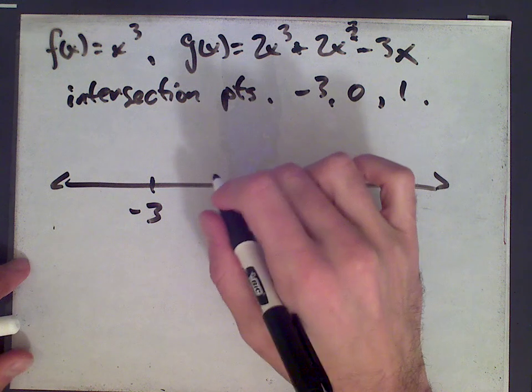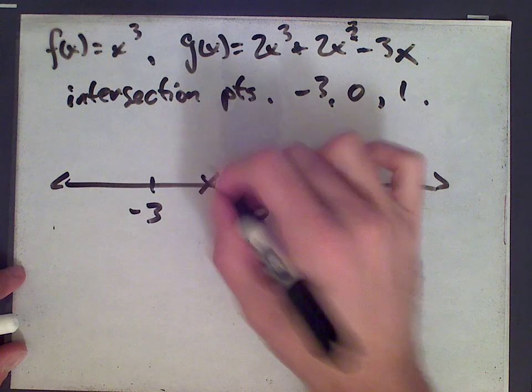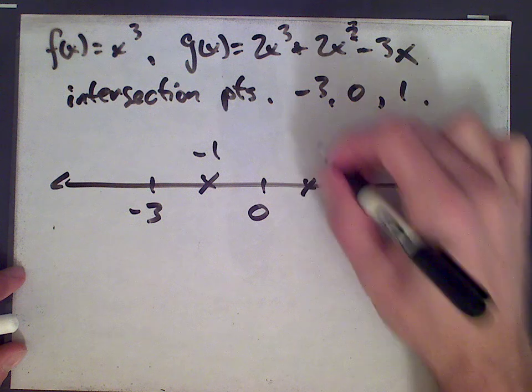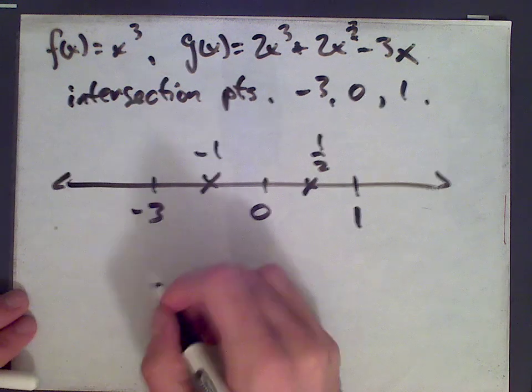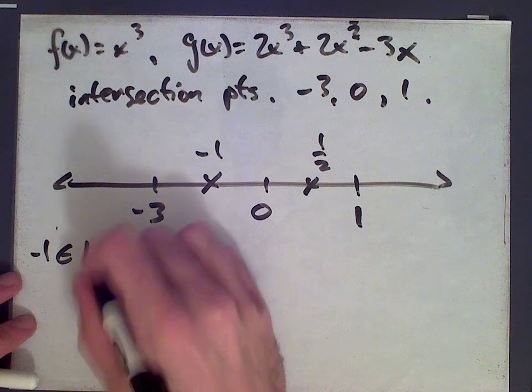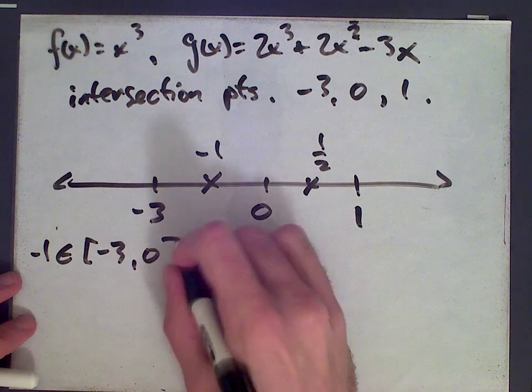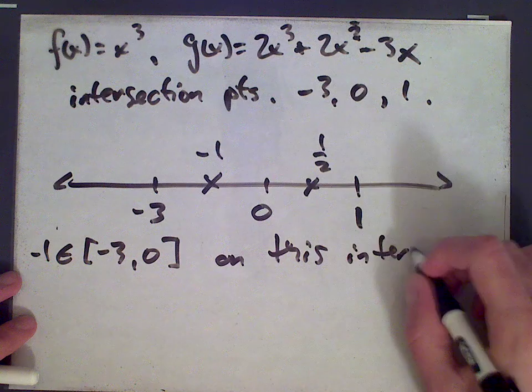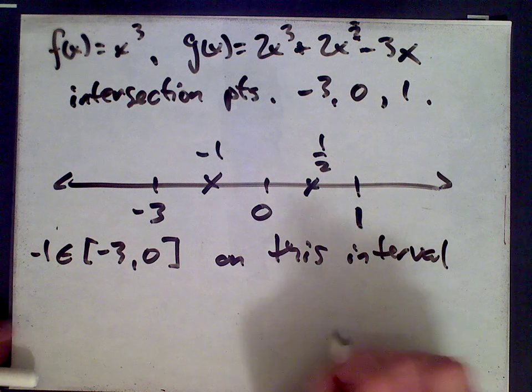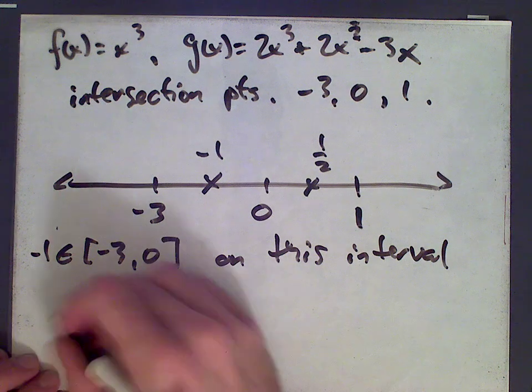Let's take, for instance, -1 as a test point, and a half as a test point. -1 is in the interval from -3 to 0, so we test which function is bigger at -1.